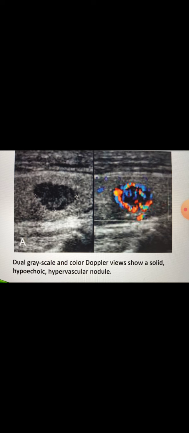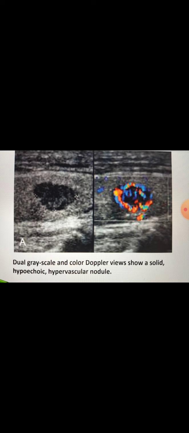On sonography, you can see that the medullary cancer can appear as hyperechoic solid masses, and these can have microcalcifications. Microcalcifications are common in both the primary tumors and the nodal metastasis. And this cancer, on the color Doppler, shows vascularity.